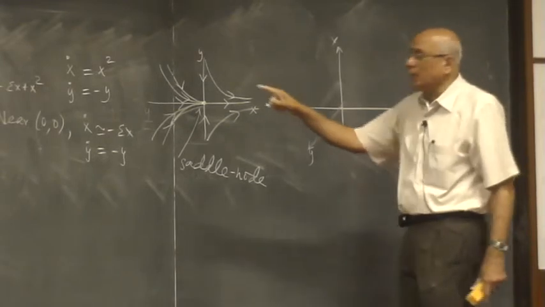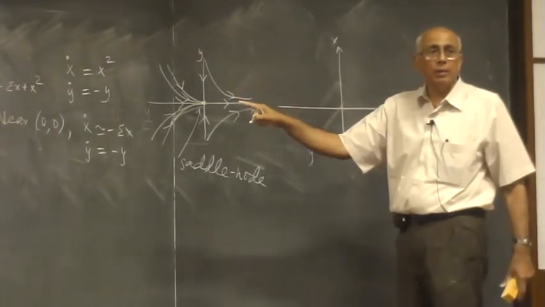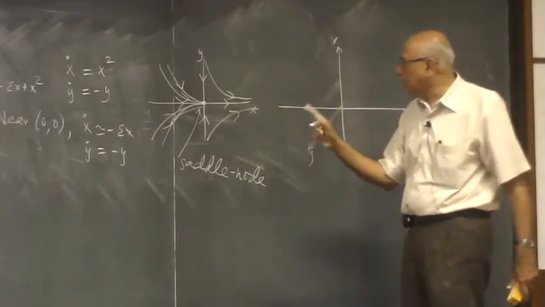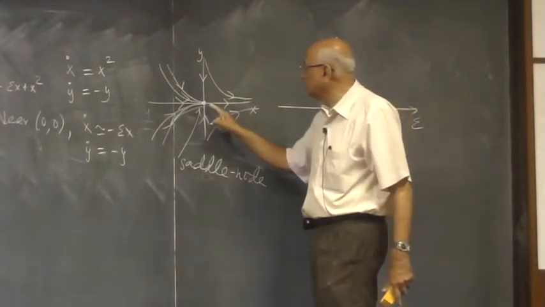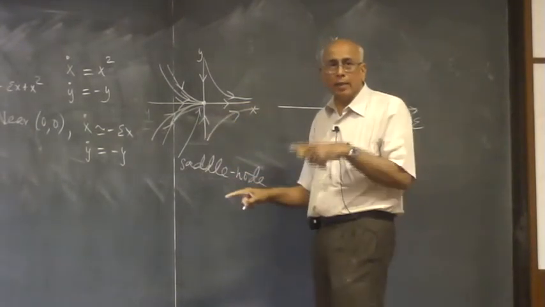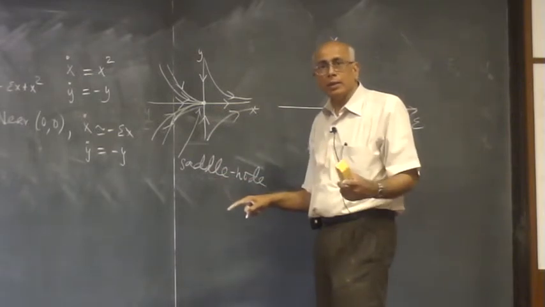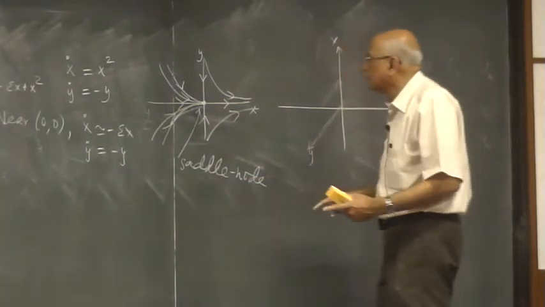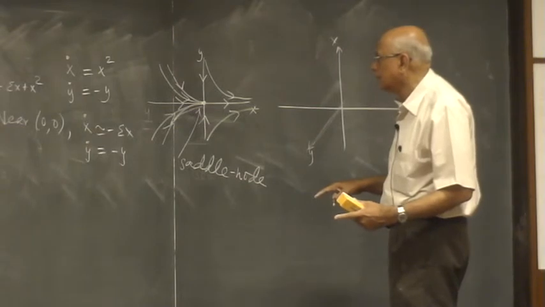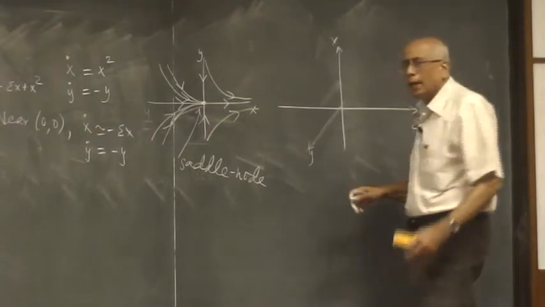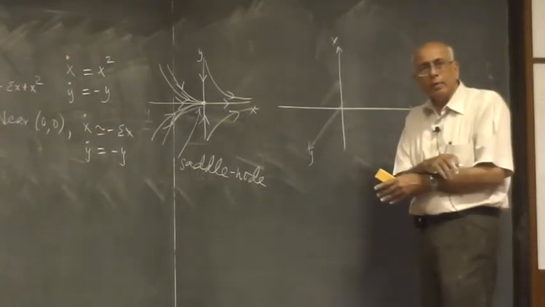On the other hand, there's another critical point at x equal to epsilon. And when epsilon is positive, as in this case, this guy is unstable and the origin is stable. And when epsilon is negative, it's the other way about.